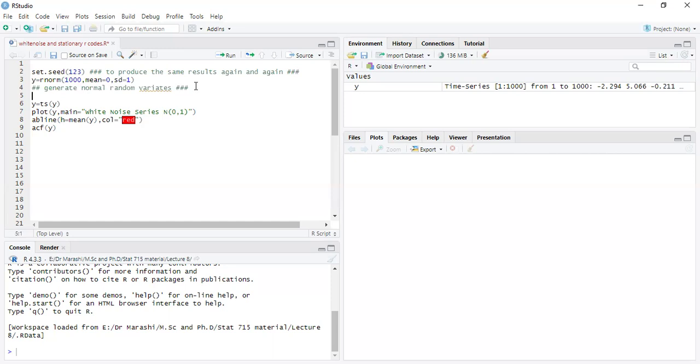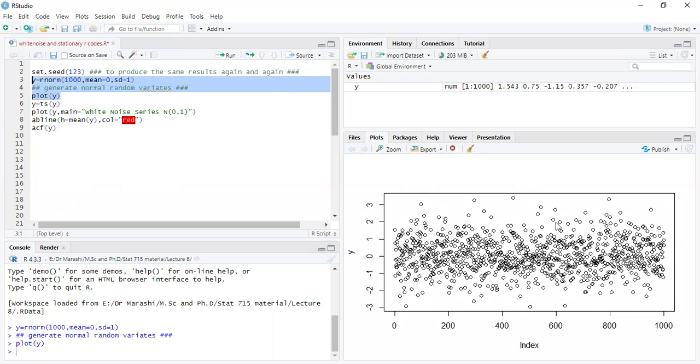For example, if I just plot this y, the upper y, without ts, what will happen? You see, if I plot these 1000 points with mean equals zero and deviation equals one, without the ts, it is going to be like this.